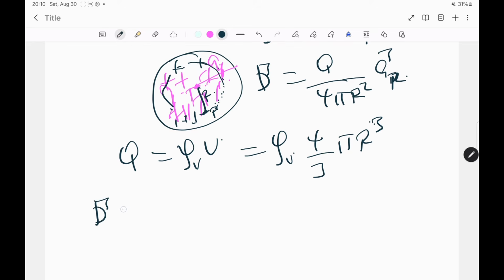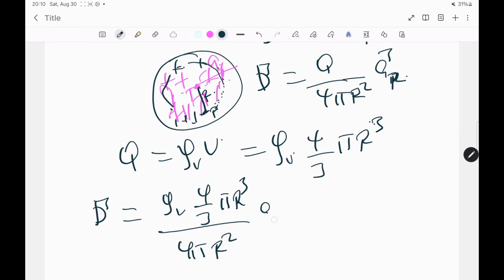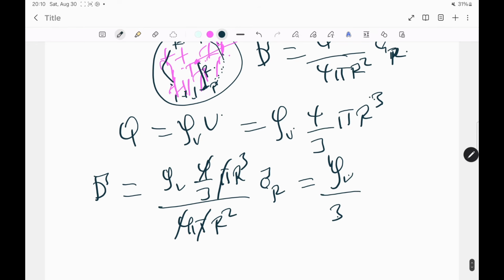So I have the electric flux density will be equal to 4 over 3 pi r cube over 4 pi r square aR. So this again will cancel, this will cancel. Now volume charge density over 3 here, and then we now have our R. So R here, this will cancel, right?